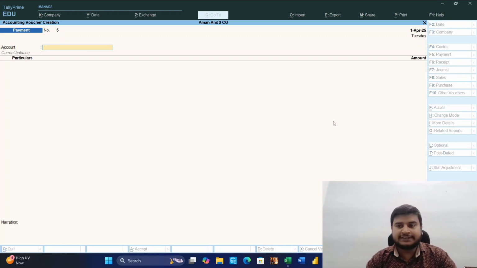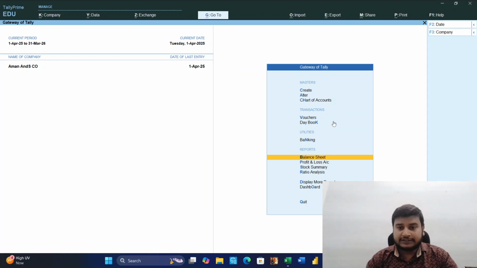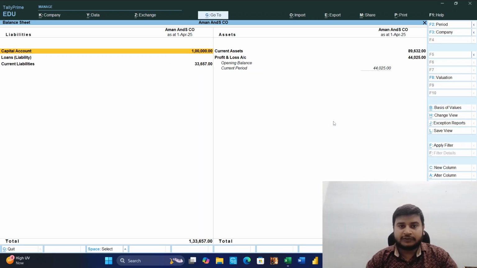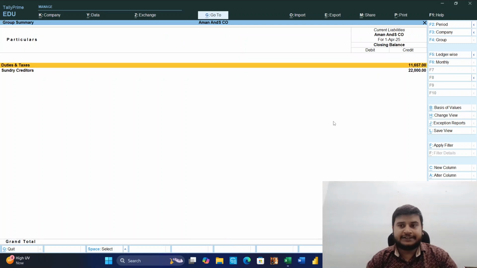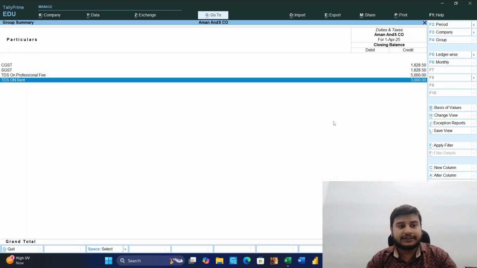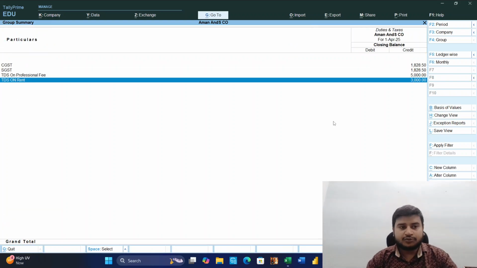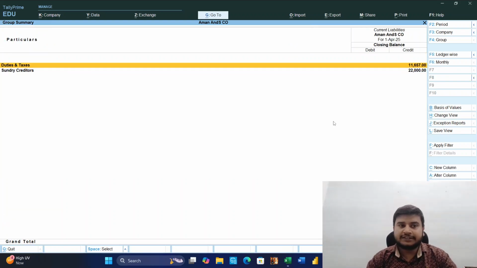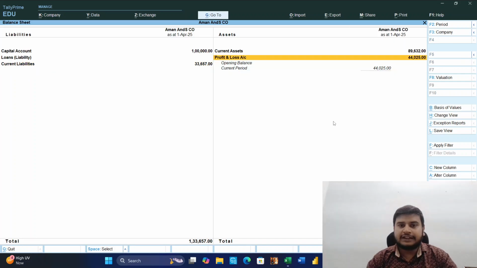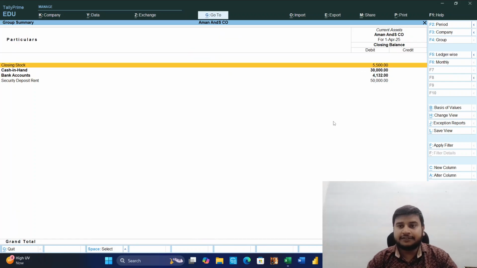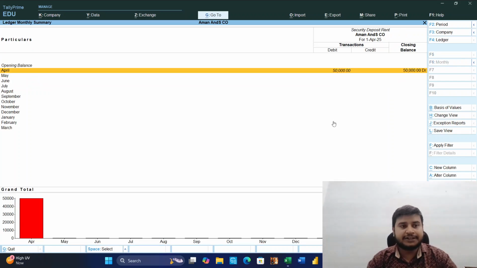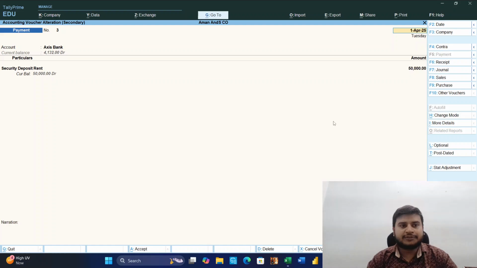So we will go to the balance sheet. Under current liabilities, duties and taxes increase by 3,000, which comes under TDS on rent. On the asset side, you will see a deposit of 50,000 as security deposit asset, paid through Axis Bank.